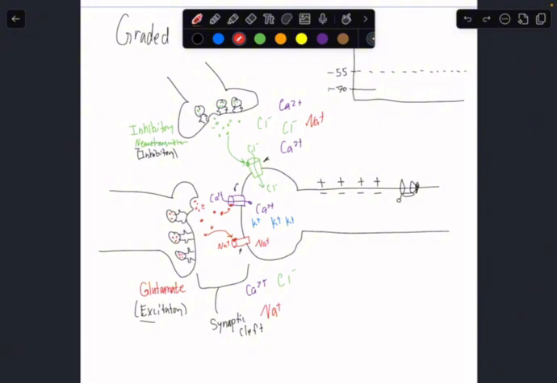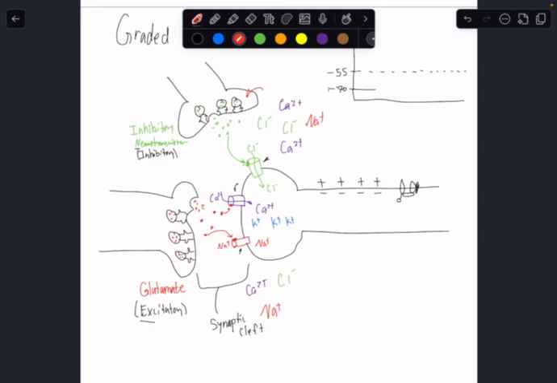So inside of these terminals right here, we have different vesicles with different neurotransmitters, which are basically chemicals. So we can have an inhibitory neurotransmitter in this inhibitory neuron, and that's going to make it harder to send a signal.